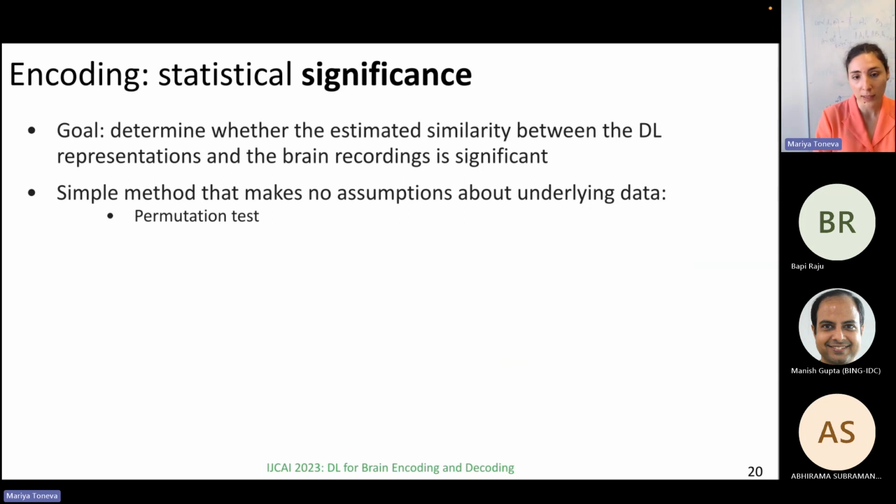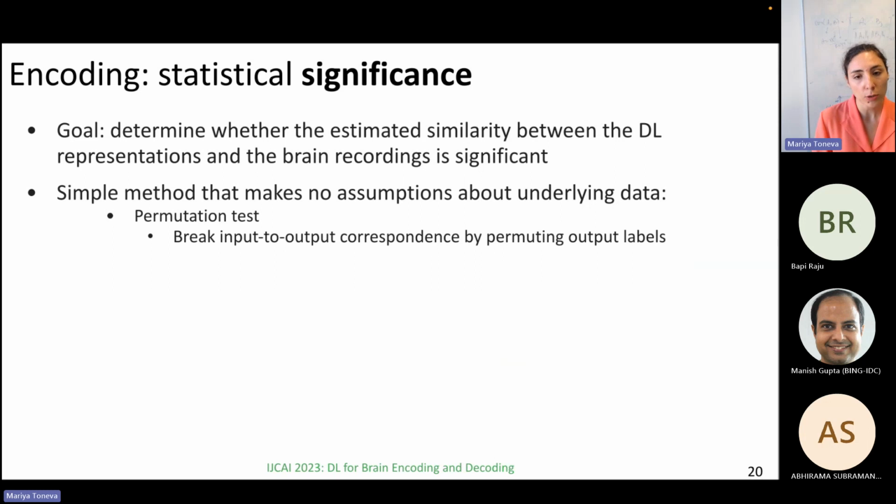Perhaps many of you are already familiar with this, especially if you're coming from a statistical background. But for the rest of us, I will go through the setup for the permutation test because it's quite useful: again, it's non-parametric, doesn't make any assumption about the underlying distribution, and it can be done in a very simple way for many kinds of data.